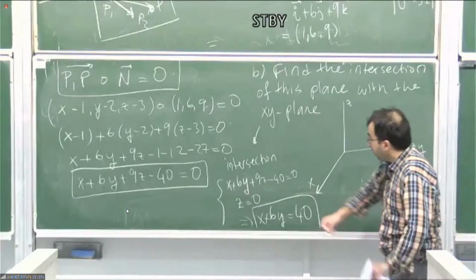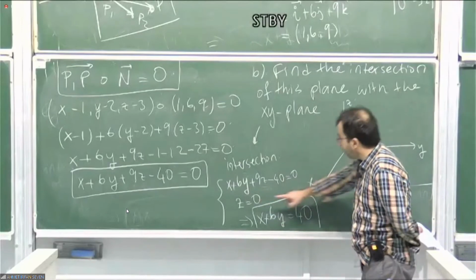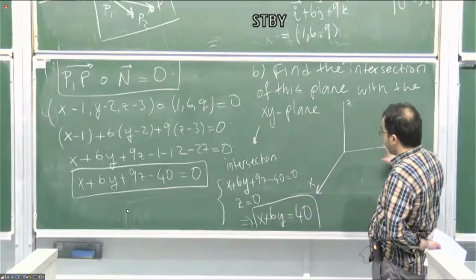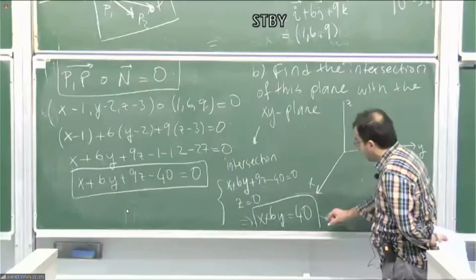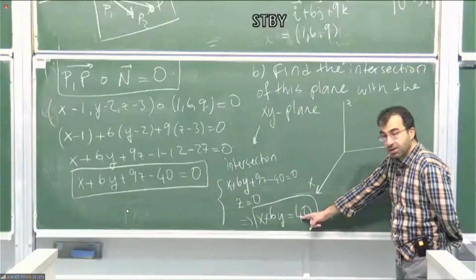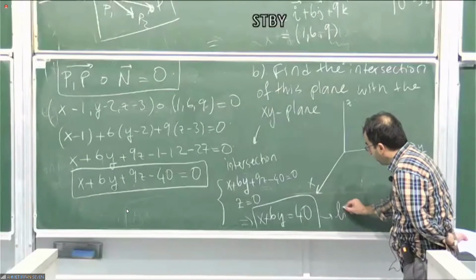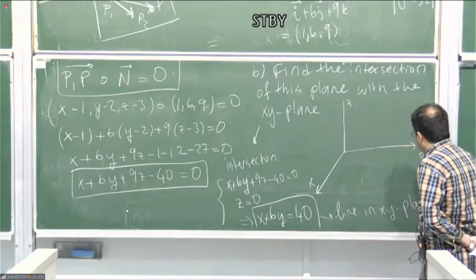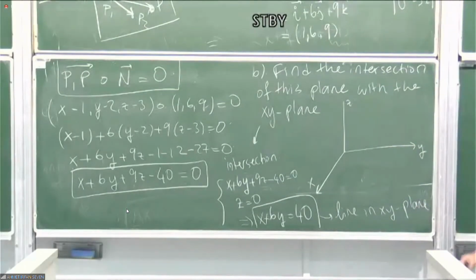Well, since we have z equals 0, we should consider this equation in the xy plane. And what is it describing in the xy plane? You know, this describes a line in the xy plane, right?